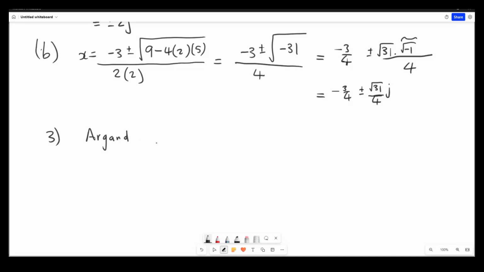Much like a point consisting of two components, an x component and a y component in the Cartesian plane, in a similar way we will represent the complex number, but we'll draw an arrow to it. Not necessarily representing the vector form; there's no vector form attached to this.